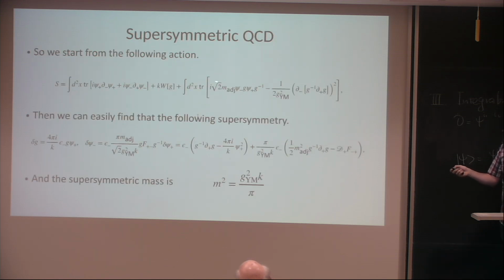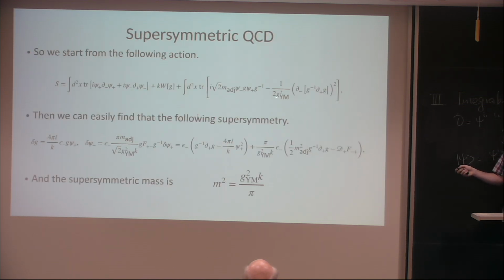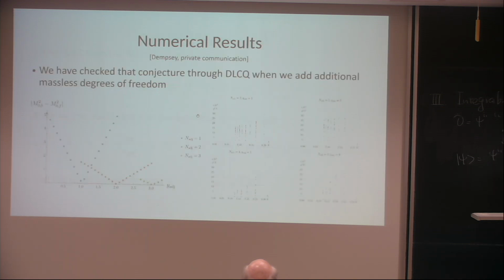The deformation coming from the QCD Lagrangian has the following form, and if we demand that it is invariant under the action of the supersymmetry, one can see that we have to set the mass of the adjoint fermion to this particular value, and we can find that the supersymmetry has the following form.